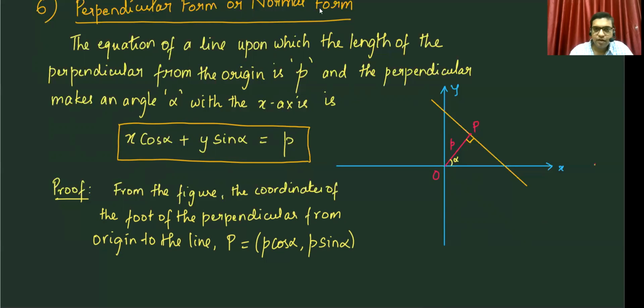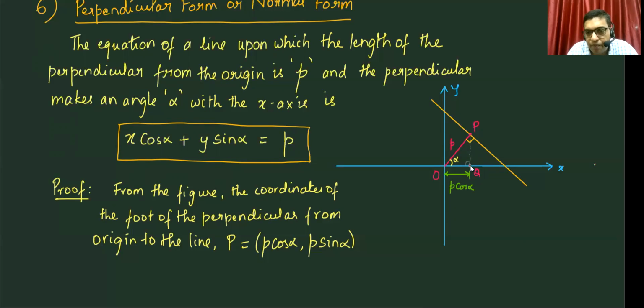Is it not? If you drop another perpendicular here, this particular length will be p cos alpha, because let's say this is PQ.